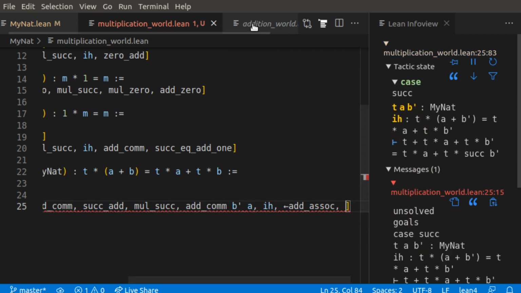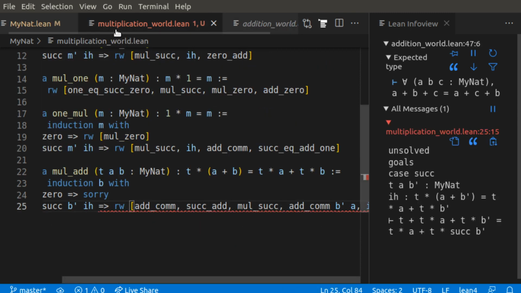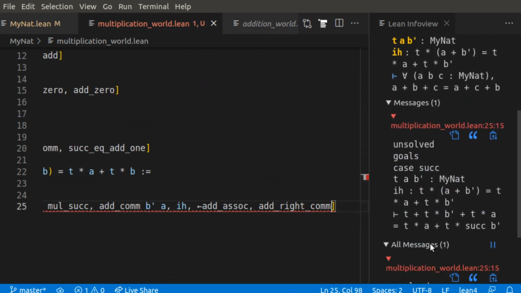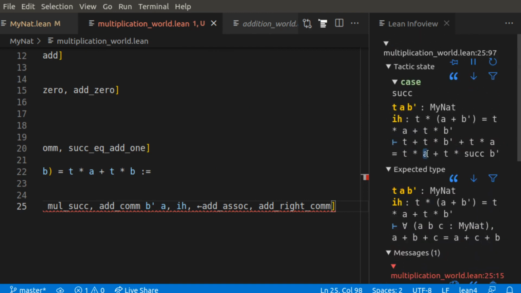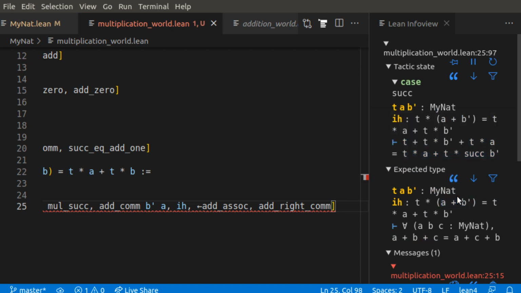Oops. Add right commutative. What do we have now? T plus T B prime.